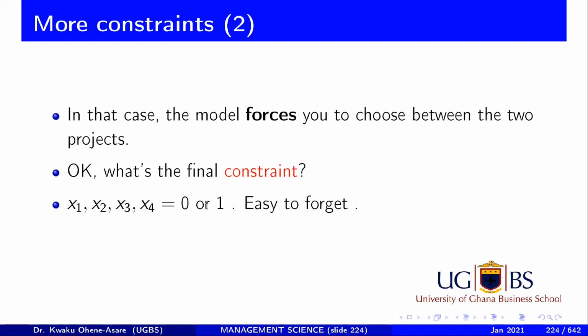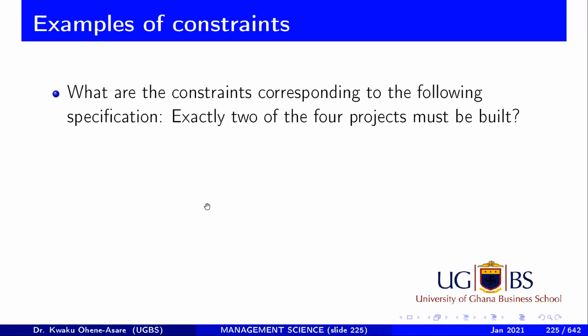That is a binary constraint. Of course, you got to bring your non-negativity constraint, which doesn't nullify this constraint. The non-negativity constraint is greater or equal to 0. That's still there, but this is a binary constraint built in. Now let me ask you some constraints. What would these constraints look like? Suppose you have exactly 2 of the 4 projects must be built.